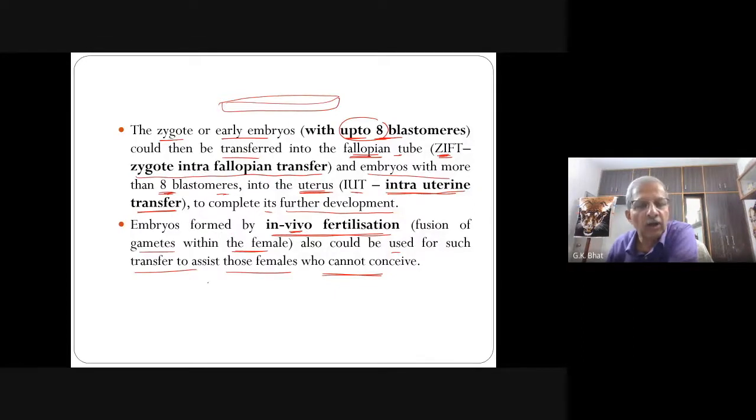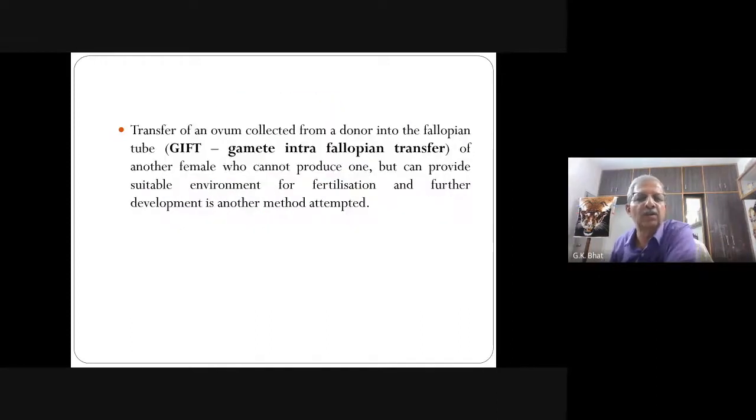That means in the oviduct, we can make the sperms and eggs meet. That is possible. So this is in vitro and in vivo fertilization.